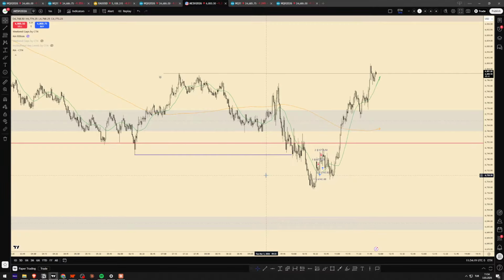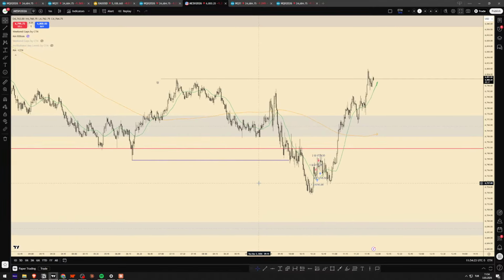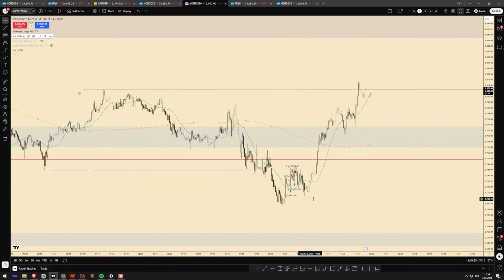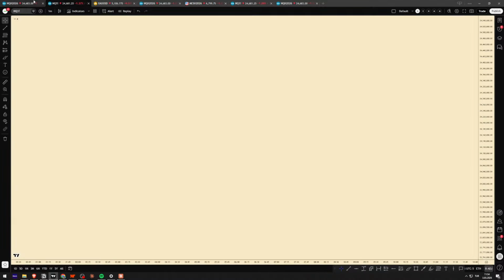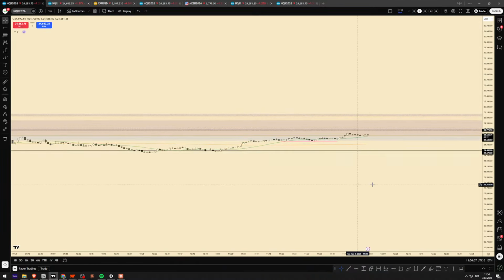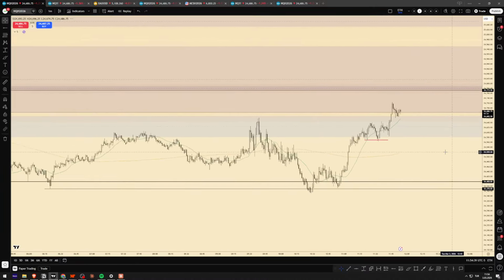The context is more important than any kind of pattern. At least right now, that's what I believe. I didn't take a long setup over here. This seems like a solid SPS setup, but in recent days I hesitate to take setups close to the extremes.